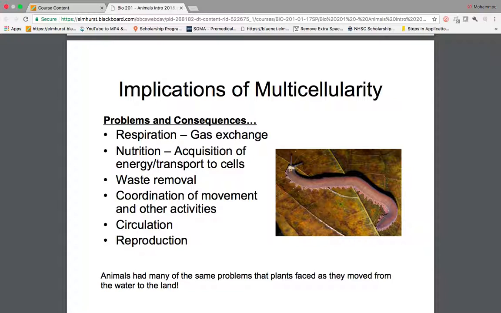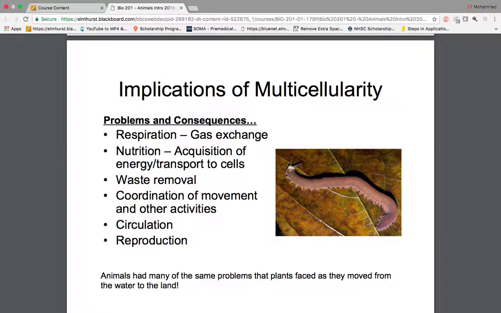Stomata and moving air into and out of their body parts. How did they deal with nutrient acquisition? Xylem and phloem, moving things around the interior of the body. That's also like circulation issues, right? How did they deal with reproduction? Seeds, flowers. How did they deal with waste removal? They actually do it by dumping it out, and we didn't talk about that at all.